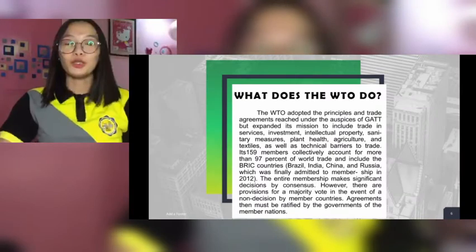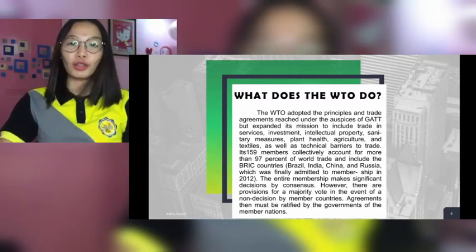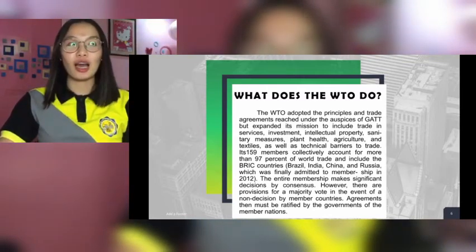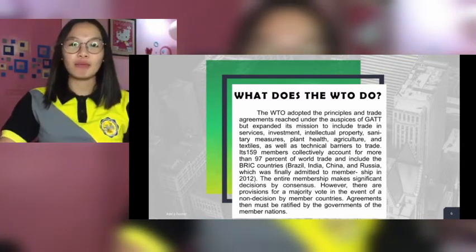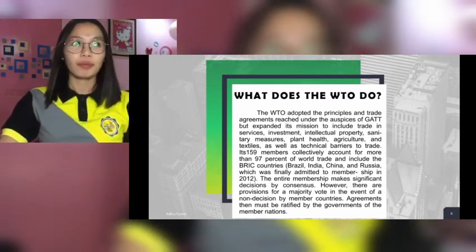What does the WTO do? The WTO adopted the principles and trade agreements reached under the auspices of GATT, but expanded its mission to include trade in services, investment, intellectual property, sanitary measures, plant health, agriculture, and textiles, as well as technical barriers to trade.